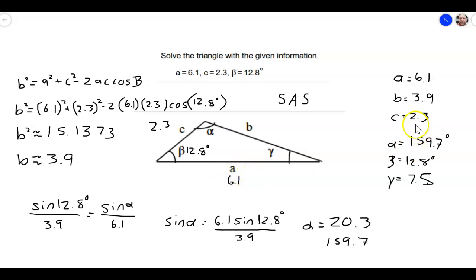Your smallest angle, which is 7.5 degrees, should be opposite your smallest side, and your medium angle opposite your medium side. If we had gone with the 20.3 for our alpha, that would not have worked, so we would have known that we picked the wrong angle.